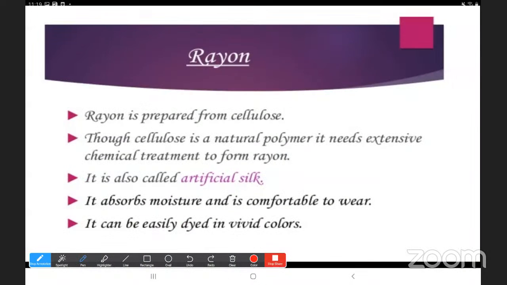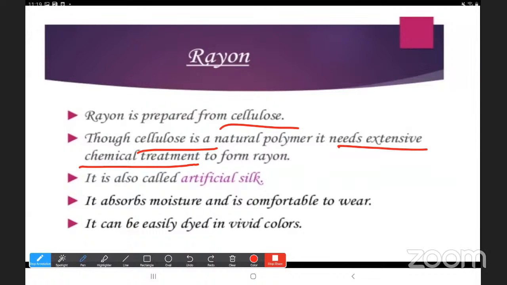Rayon is also a synthetic fiber. It is prepared from cellulose. Cellulose is a natural polymer, and it needs extensive chemical treatment to form rayon.